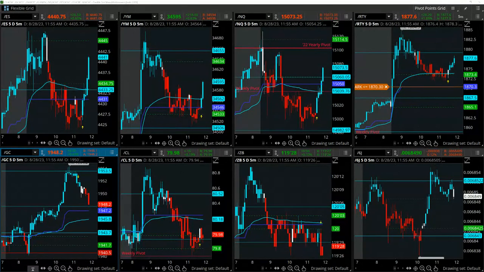You should see an 8-grid layout of various futures tickers or symbols.